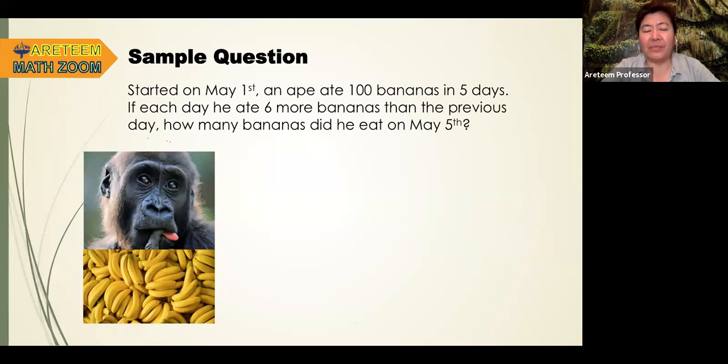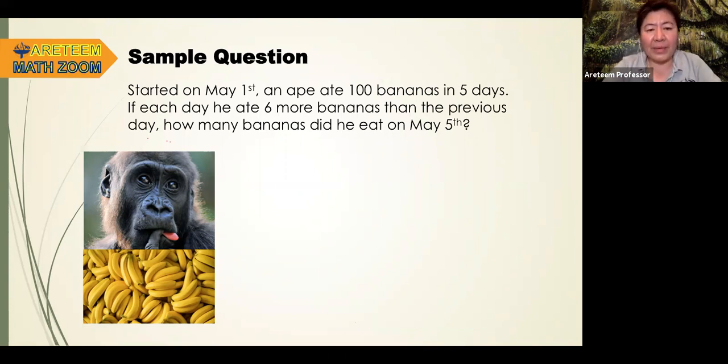For the first day they set X, then they add 6 on the next days. So the first day is X, and the second day, X plus 6. Of course, you can do it that way, but it takes a long time to reach the right answer, okay?